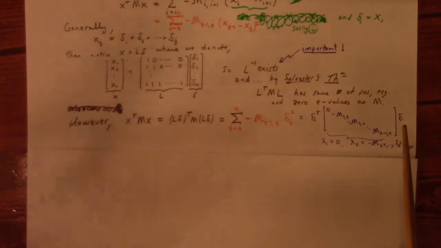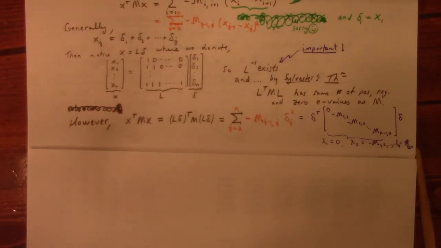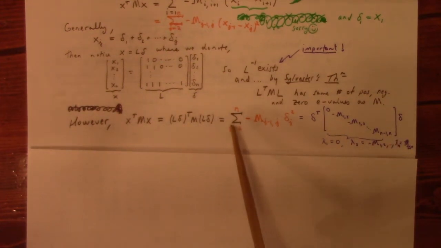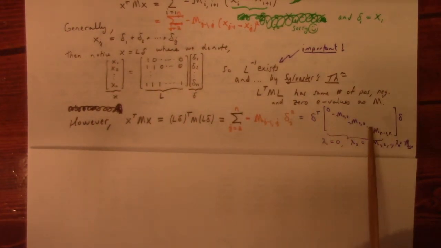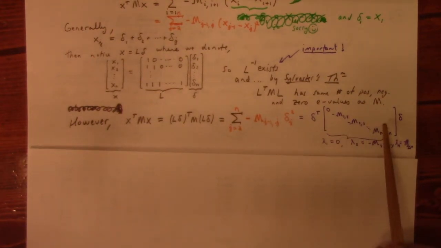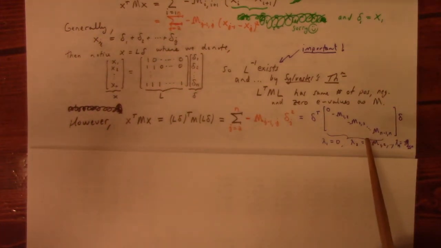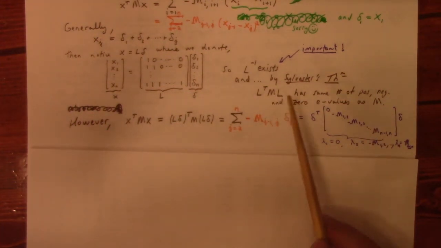Now, it's important though. So what can you say about the spectrum of M from this? Clearly this matrix, L transpose M L, is a diagonal matrix, so you can just read the eigenvalues. So how do the eigenvalues of M correspond to this?